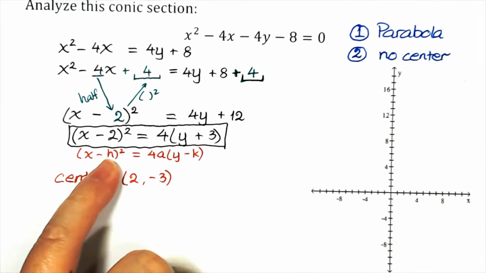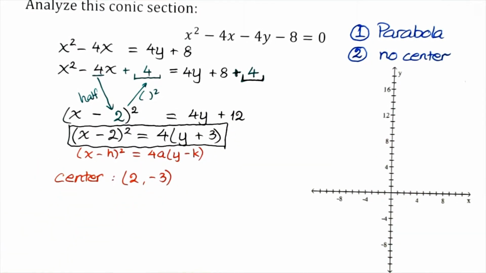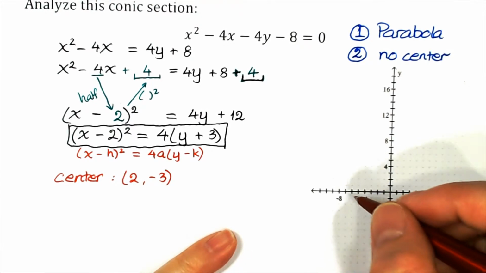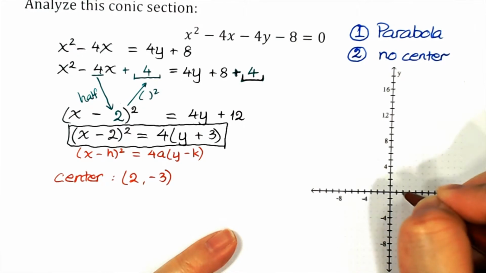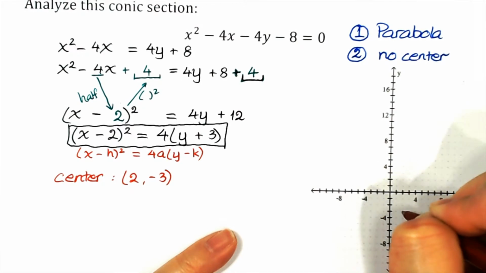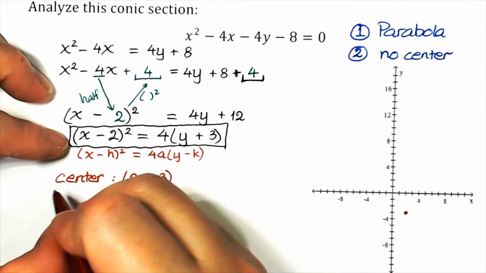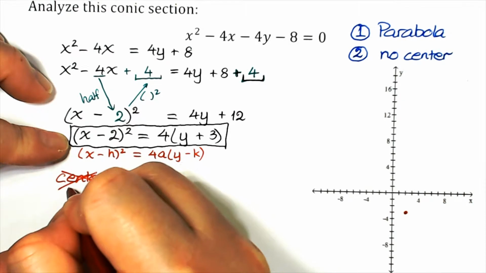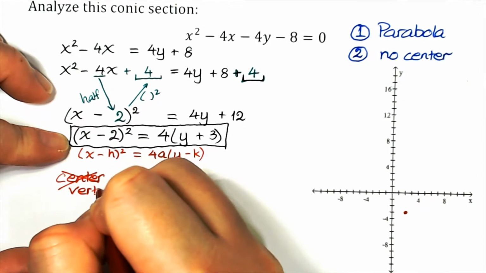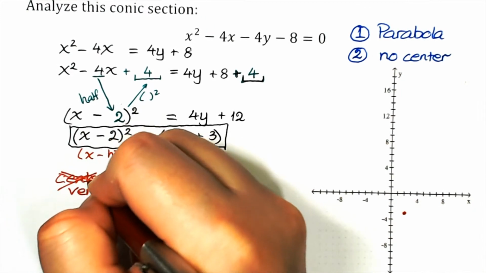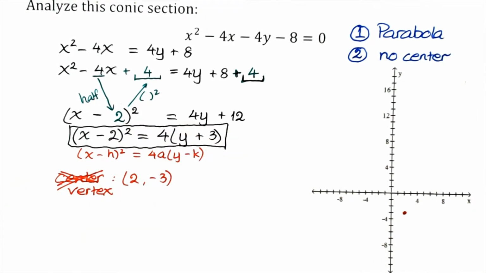So we have h is 2 and k is negative 3. So x equal to 2, y equal to negative 3. So this is the vertex. I'm sorry, we did say there's no center. It's only the vertex. Confirm that there's no center, there's only vertex.